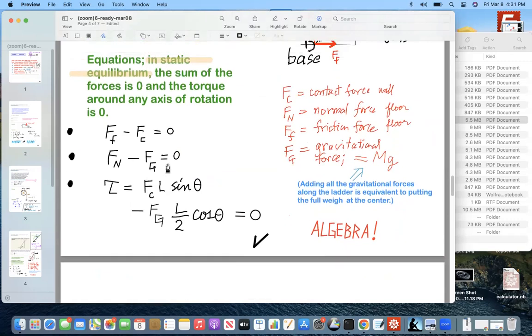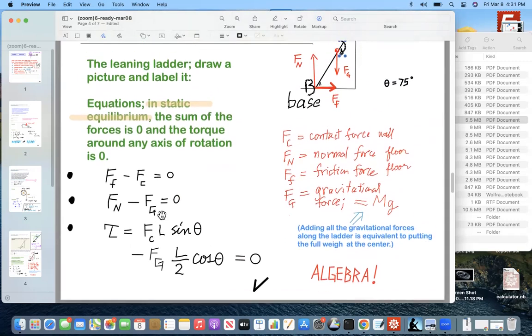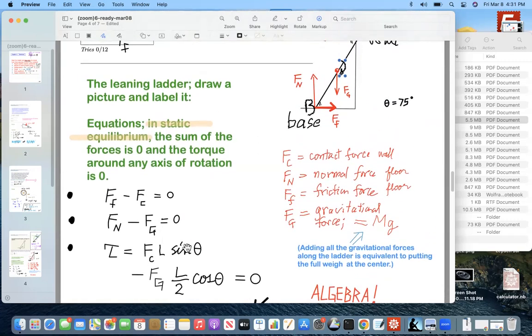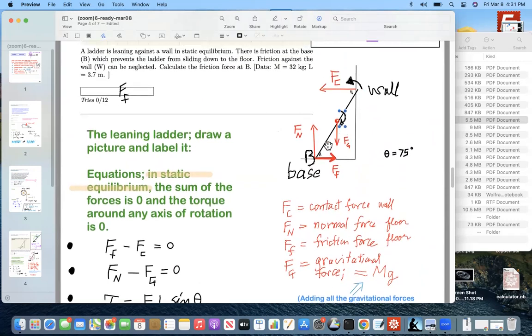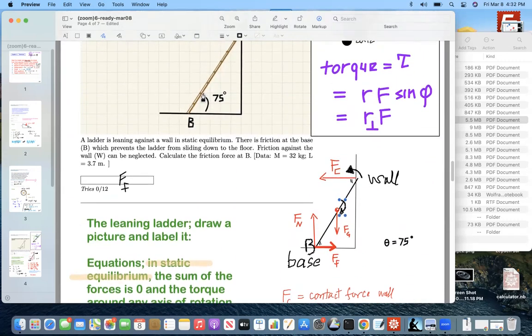But anyway, I'll have this equation: Fc times L times the sine of theta. What's theta in this case? Theta in this case is 75 degrees. This theta. This is the sine.